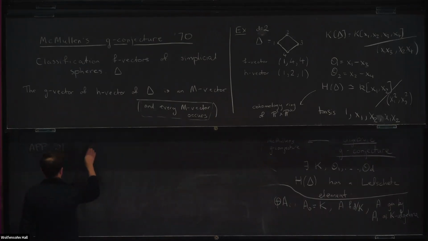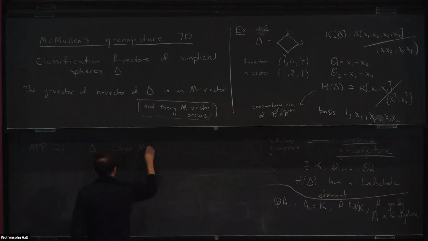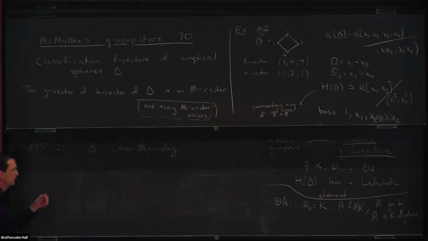For example, they said that something similar holds if your simplicial complex is something called doubly Cohen-Macaulay. So a sphere satisfies this, but this is more general. The Gorenstein property that I mentioned before breaks down, but it's not too far from that.